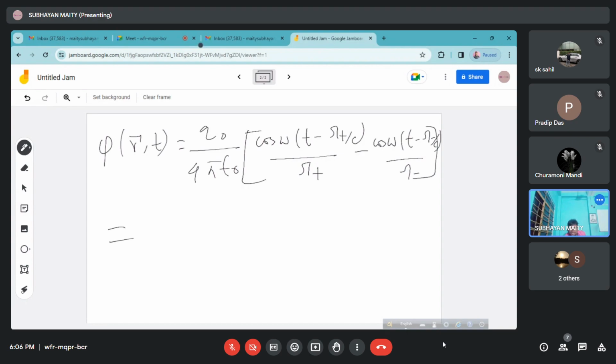So now we have to put this one. What do you mean by 1 by r₊? It is 1 by r into 1 plus d cos θ by 2r. Yes, d cos θ by 2r.